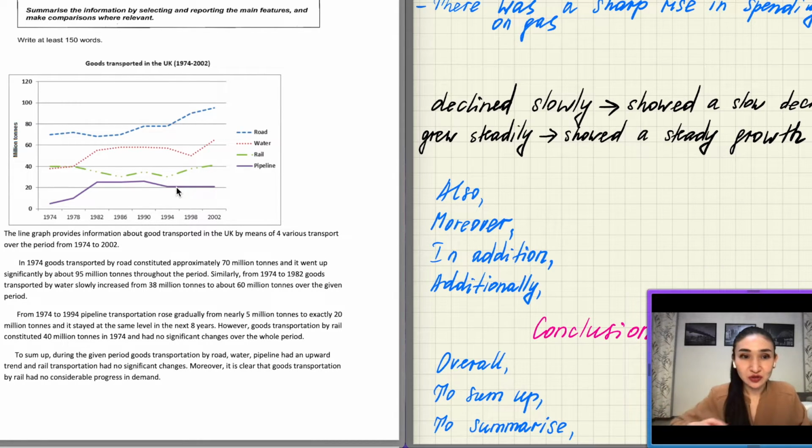As an expert who analyzed the whole line graph during those 20 minutes, you can just write your opinion, your conclusion, because you are summing it up. In this conclusion part, you can write exactly what you said and what you analyzed during this 20 minutes. This is okay.